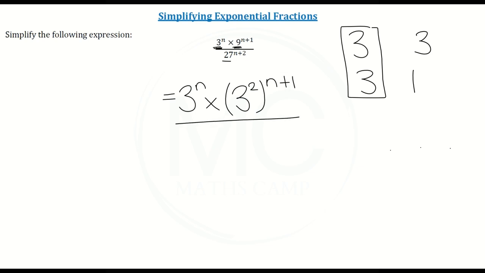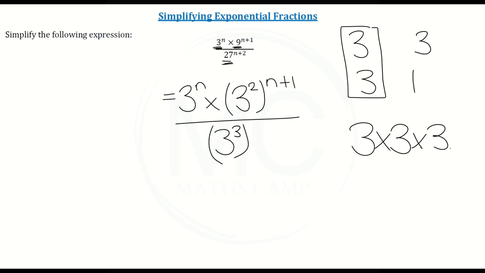Now in our denominator, we have 27. We know that 3 multiplied by 3 multiplied by 3 gives us 27. 3 multiplied by itself 3 times is 3 cubed. So we can say 3 cubed in a bracket with an exponent of n plus 2.